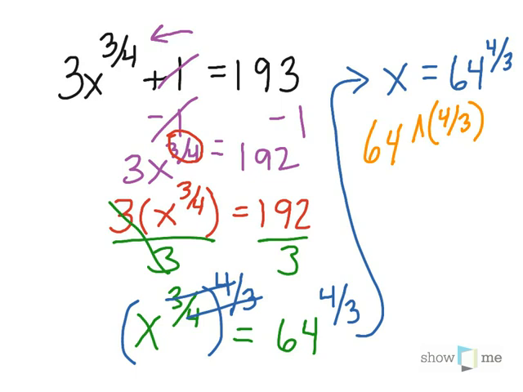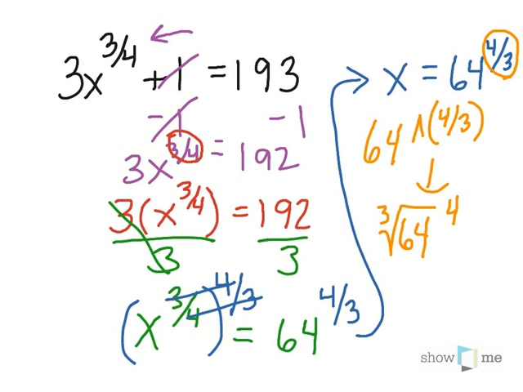But occasionally, you get a nice number that you can interpret in your head, and this is one of those scenarios. So I want to remind you what this means. If we would like to do this in our head, this is 64 to the 4/3, which has a representation we've talked about quite a bit. That 3 really means it's a cube root, and the 4 is an exponent.